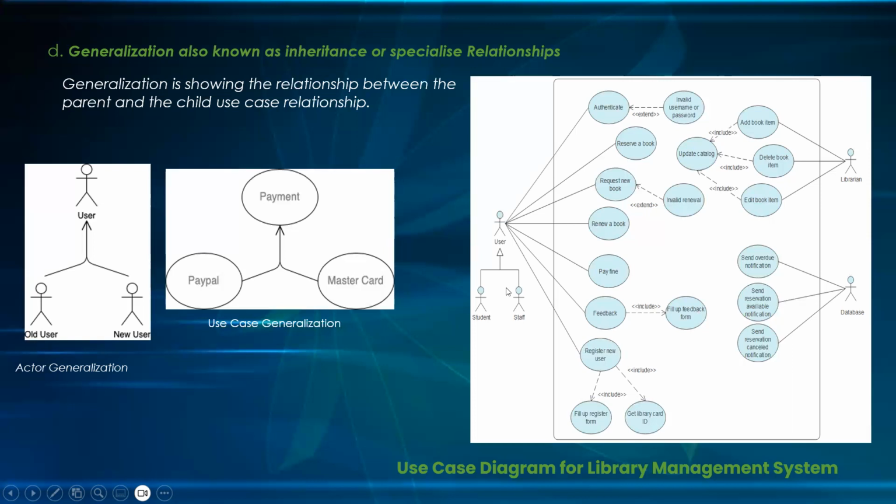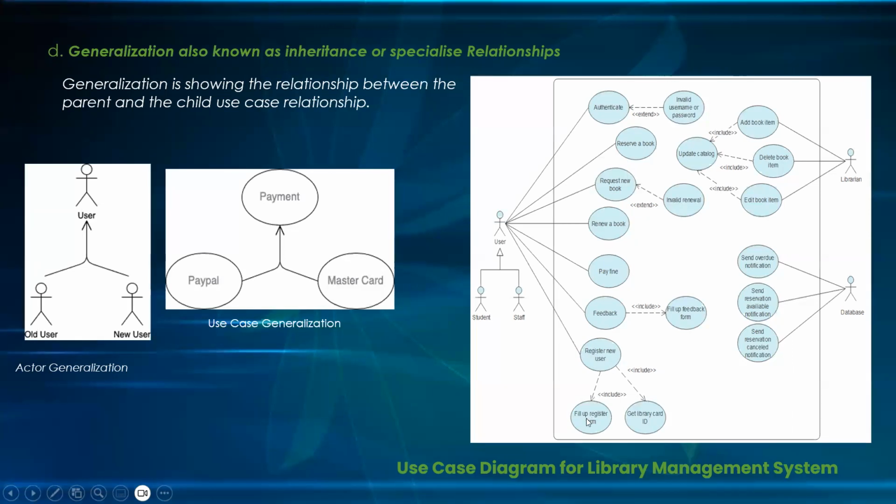Generalization as well. So we have one generalization here, which is students and staff. They can also be users of the library system. If we go further down, look at registration. Register new user.